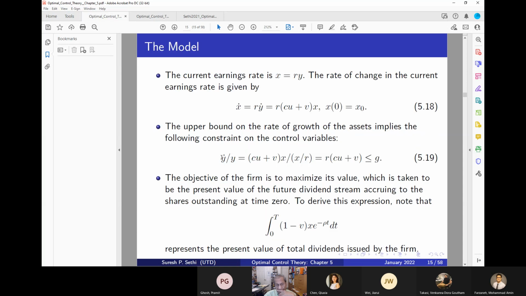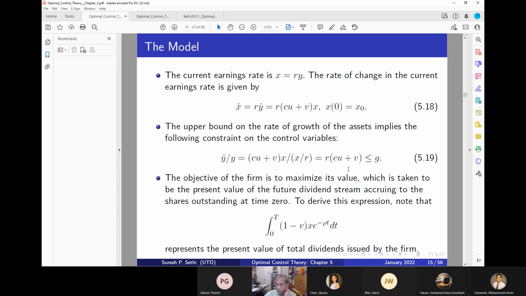The rate of growth is Y dot divided by Y. But I already know what Y dot is, which is CU plus V times X. And I already know what Y is: Y is X divided by R. So Y dot by Y, given by this, must be less than or equal to G. So that's a control constraint.